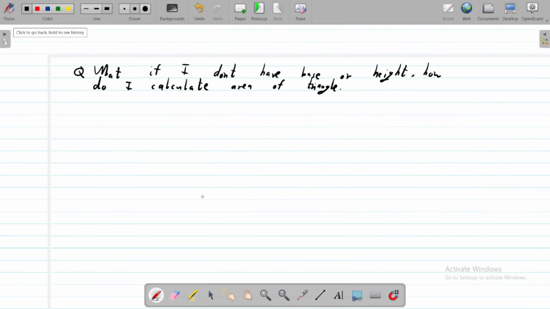Now next is a question that we may get. What if I don't have base or height, or maybe both? How do I calculate the area of a triangle? Now, how do you think? Remember, you have two formulas for a triangle. First formula, let me first write it down.